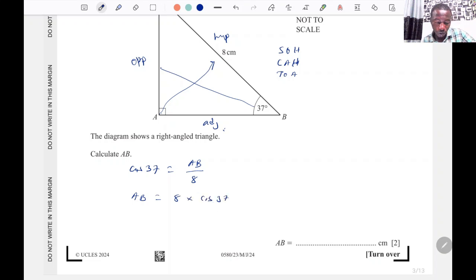Cos 37 times 8 gives us 6.389, which is approximately 6.39.